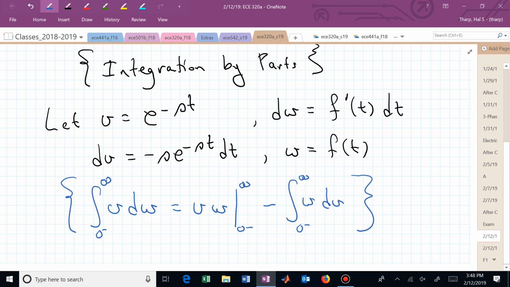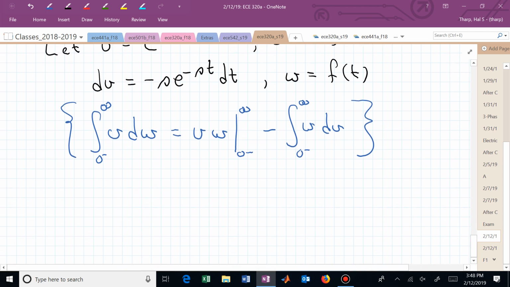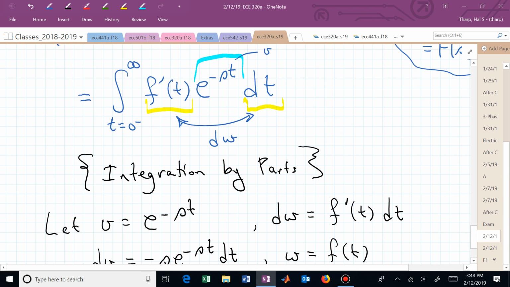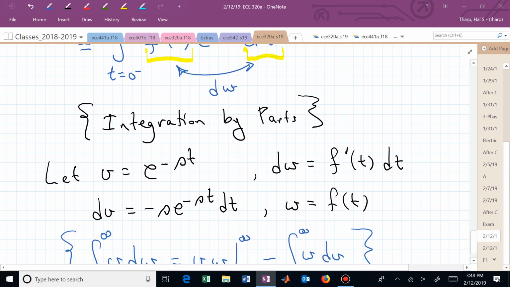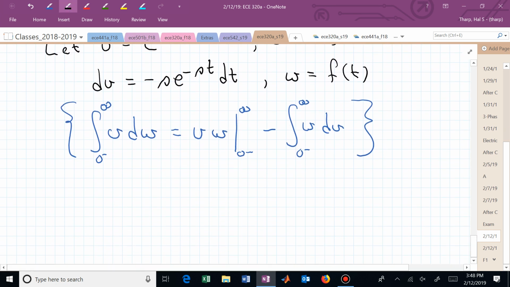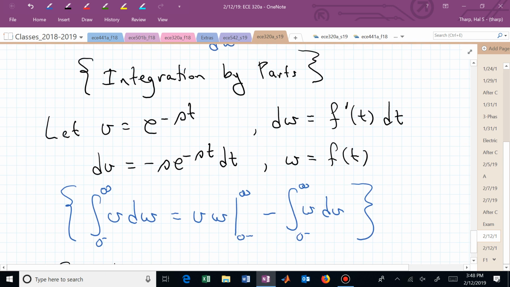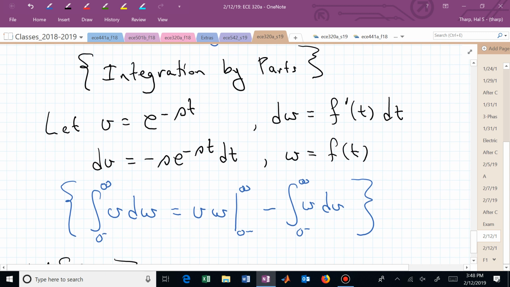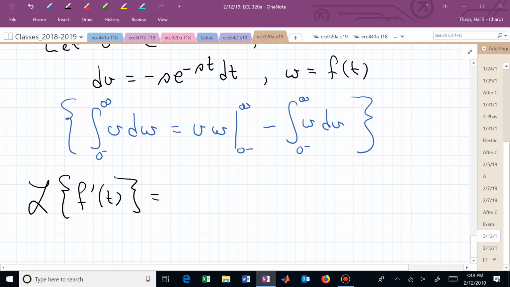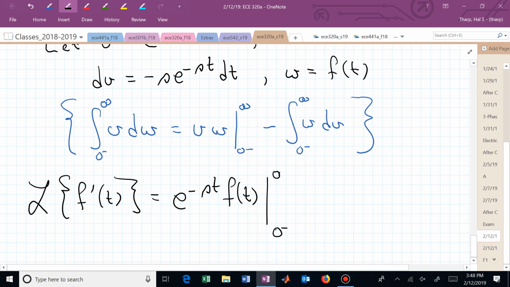And we'll now use that to evaluate the Laplace transform of the derivative. In our case then, let's go ahead and rewrite that. This is now the Laplace transform of f prime of t. Using integration by parts, we now take v and w, which is e to the minus st f of t, and evaluate at 0 minus and infinity.